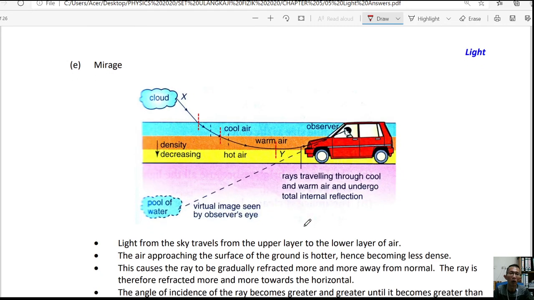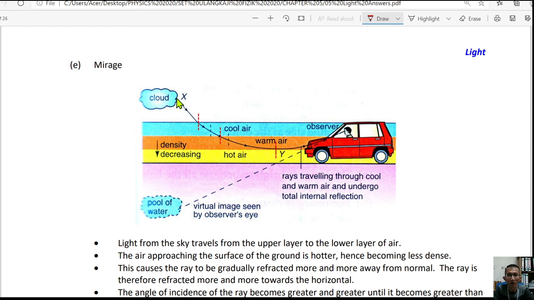Next we look at mirage. Sometimes on a very hot day, you can see a pool of water on the ground, but as you approach it, there's nothing there. So what is happening? The light travels from the clouds towards the eyes of the observer.